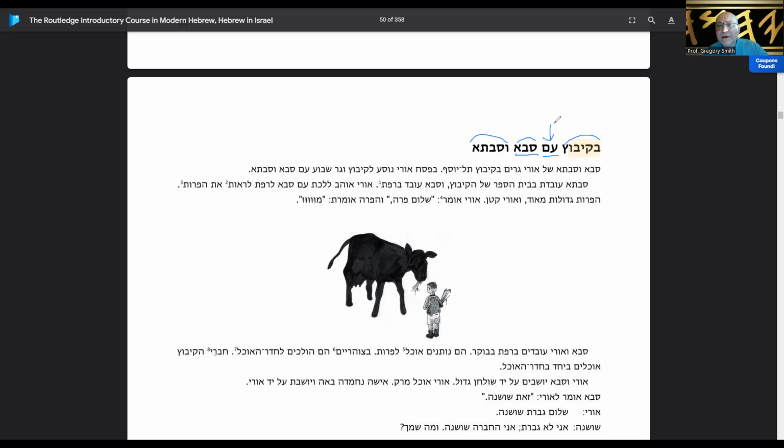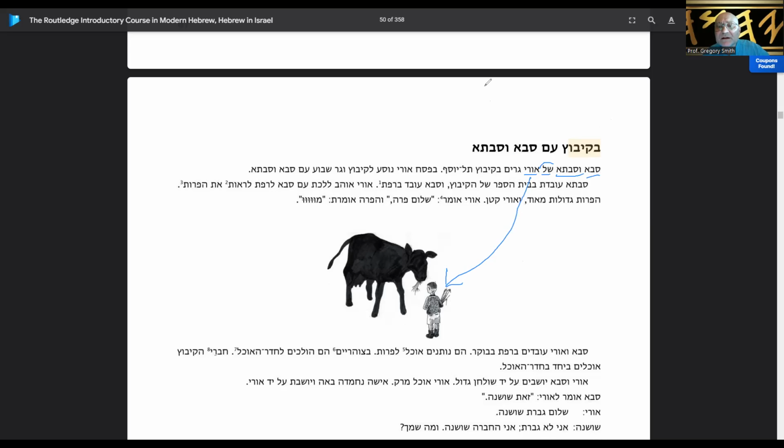And im means with. Okay, so in the kibbutz with Sava Vasabta, grandfather and grandmother, Shel Uri. So that's this Uri character, has to be this guy right here. In other words, the shel means possession of, belonging to Uri.